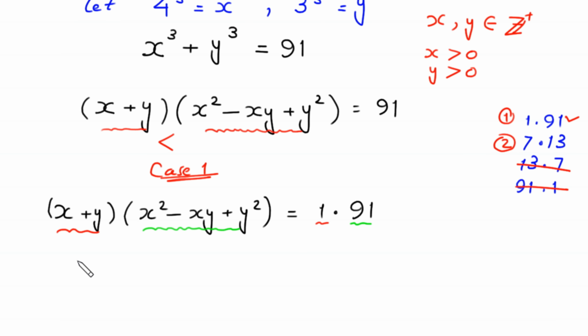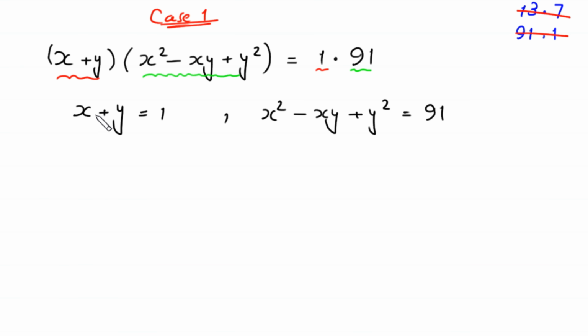Like this, x plus y is equal to 1 and x squared minus xy plus y squared is equal to 91.